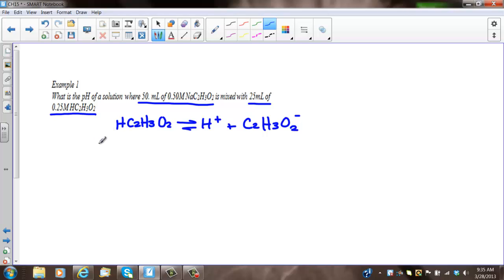Well, let's set up my table. In a buffering system, we don't really call it an ice table. Sometimes we call it a before, after, change, a BAC table.